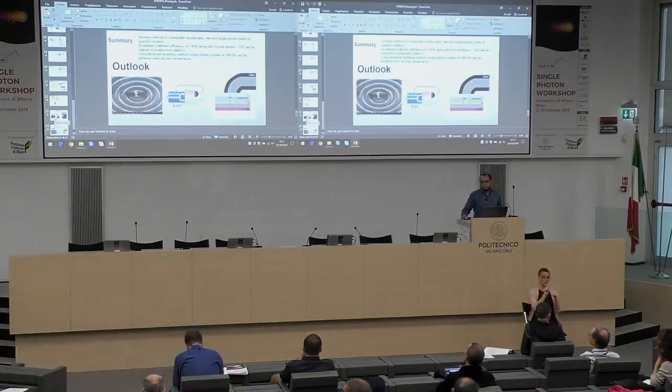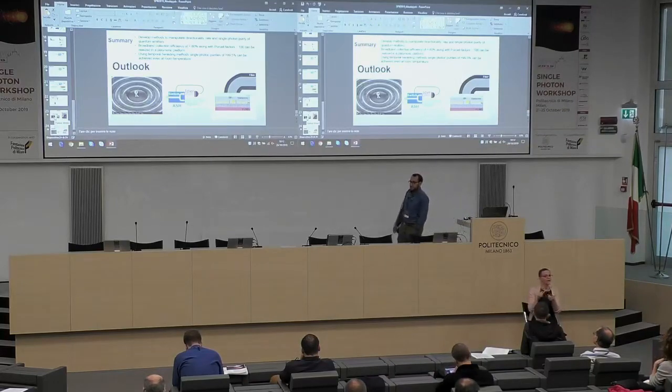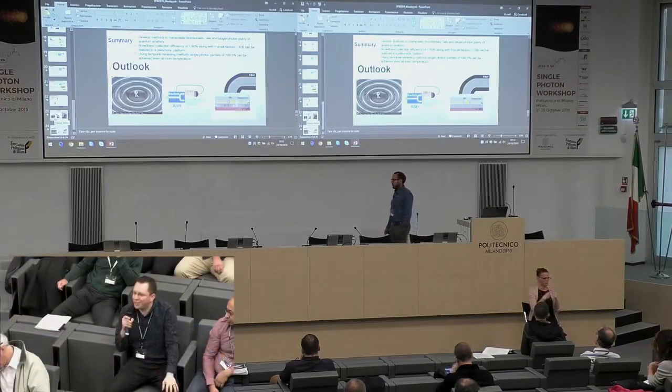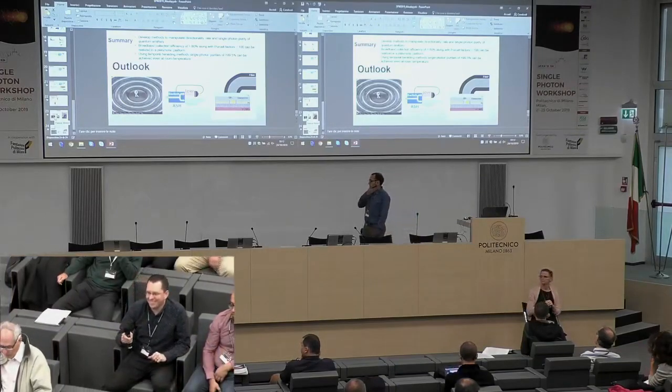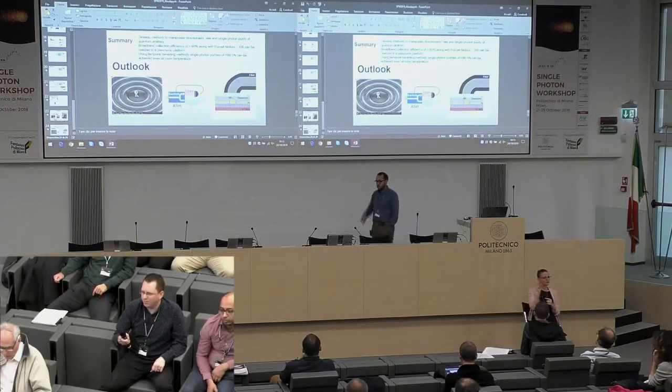Can I ask about the final implementation with the nanocone? You expect a very good Purcell enhancement, so you're going to speed up the rate of emission of the quantum dot. But are you also going to speed up the rate of the biexciton decay, and therefore how fast will your switch have to be, and what kind of switch could you use? Yeah, so what we took into consideration when I said this 5% is actually this final implementation.